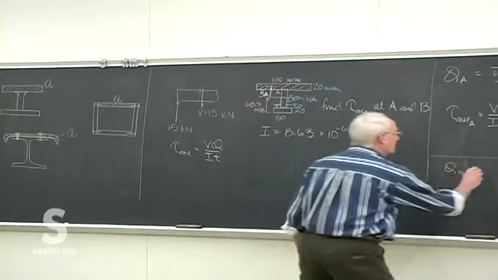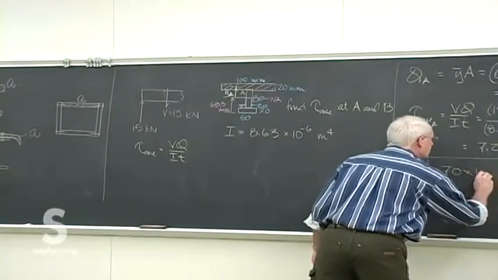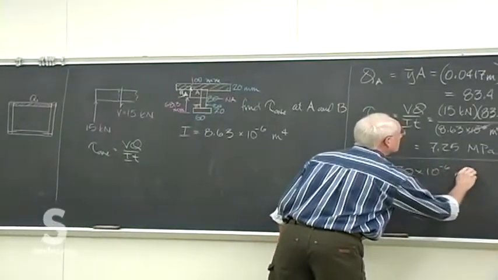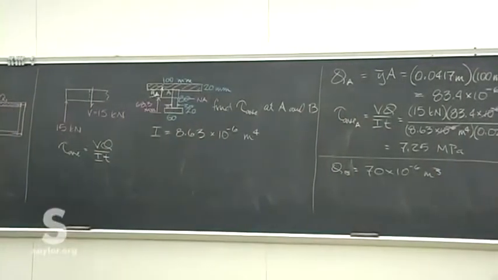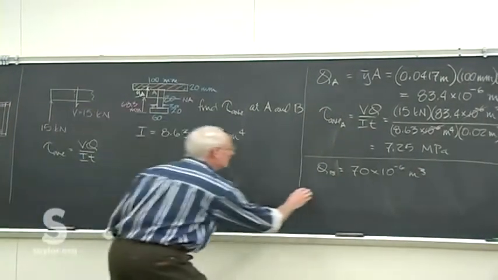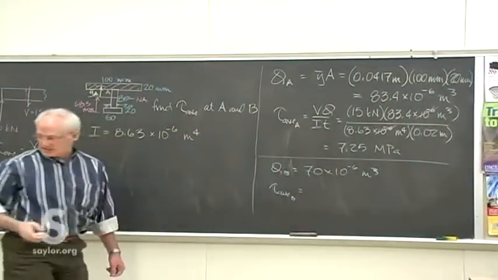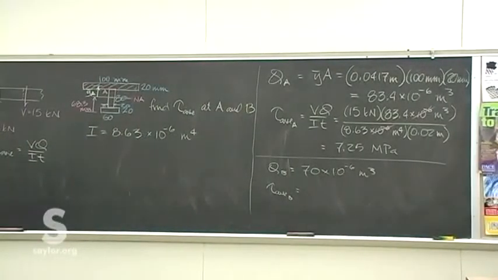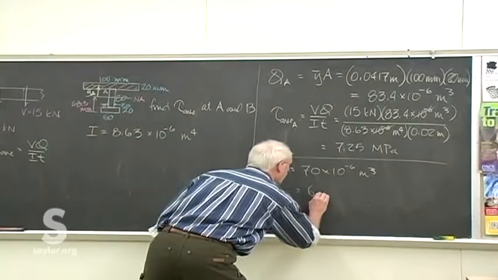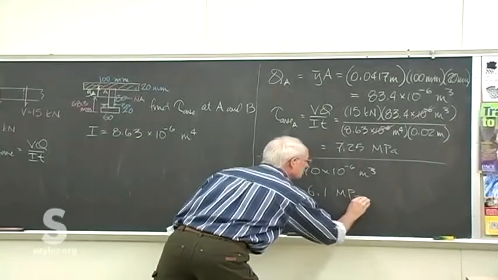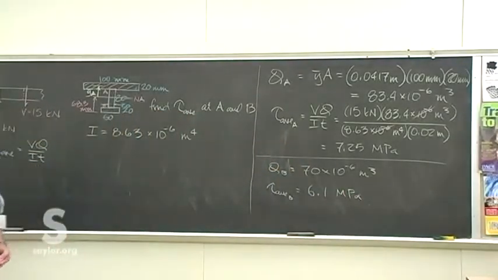Okay, yeah. 70 times 10 to the minus 6 meters cubed should be sufficient. And then the average shear stress at that point, you guys would have gotten, what, like 6.08 megapascals, give or take a little bit. 6.1 megapascals. Chris, you got that too? Phil, you did? Okay.